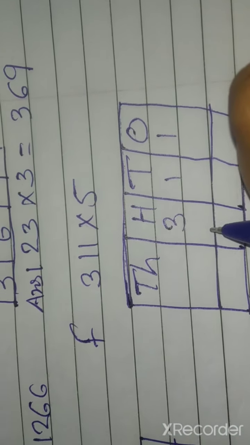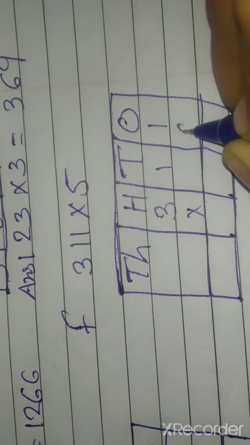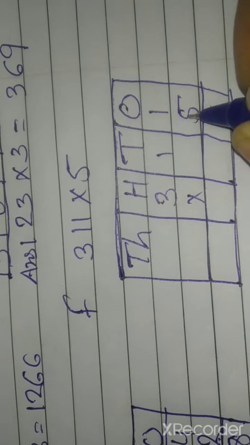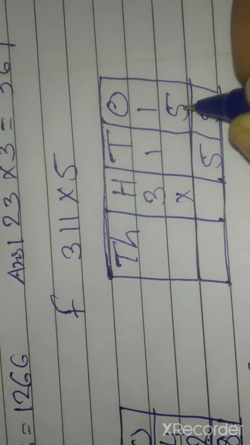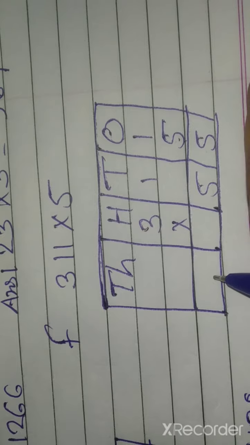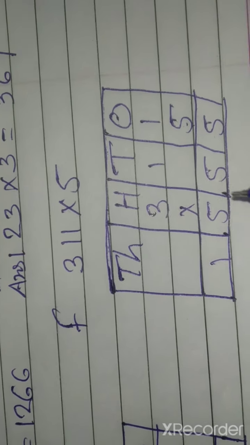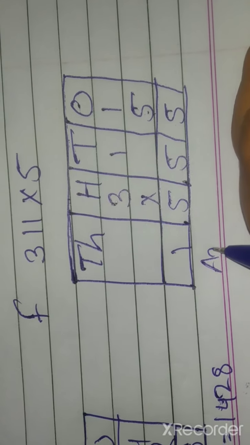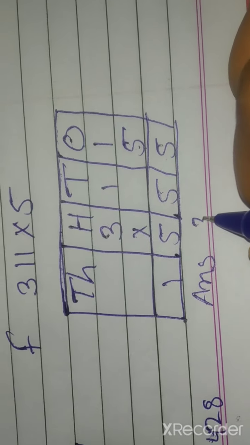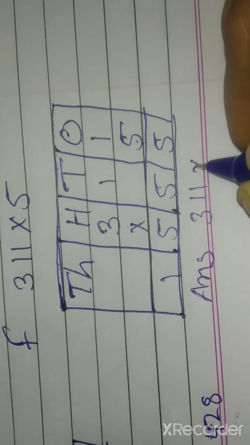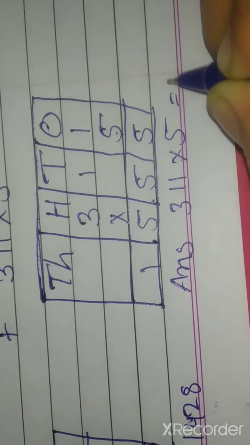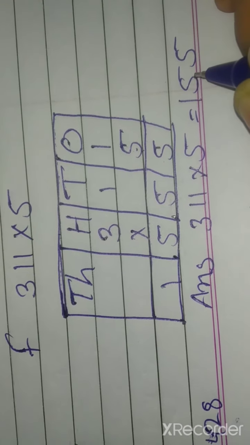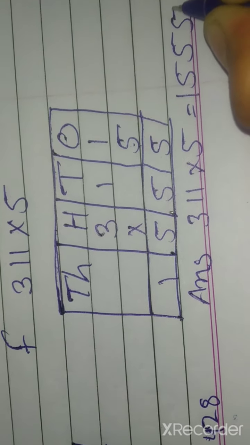Now the next sum, 311 into 5. 5 1s are 5. 5 1s are 5. 5 3s are 15. So here we have to write 15, and here you have to write the answer. 311 into 5 is equal to 1555.